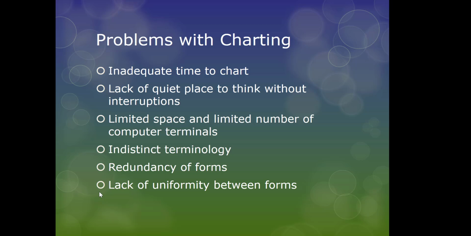So it's kind of ridiculous. But on a computer, one of the benefits of the computer is if I put in a blood pressure for a particular time, and there are 3 or 4 different places where that blood pressure should be charted, the computer can be programmed to automatically populate that blood pressure into all those locations, even though I've only charted it once. So that can be very beneficial.